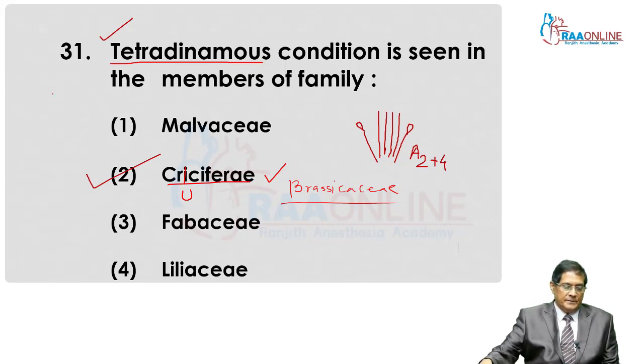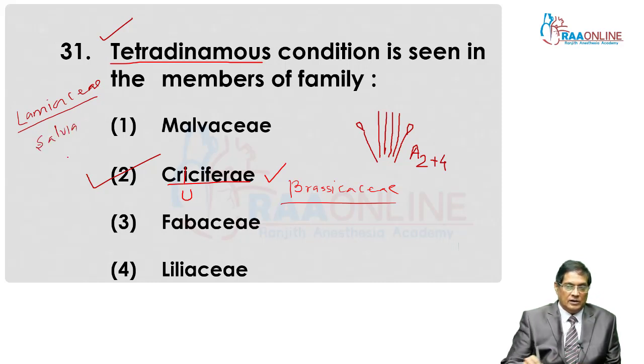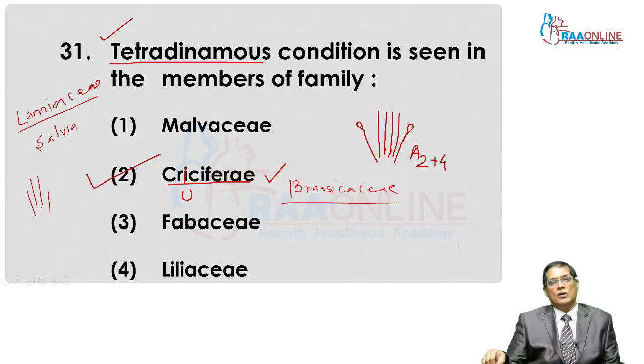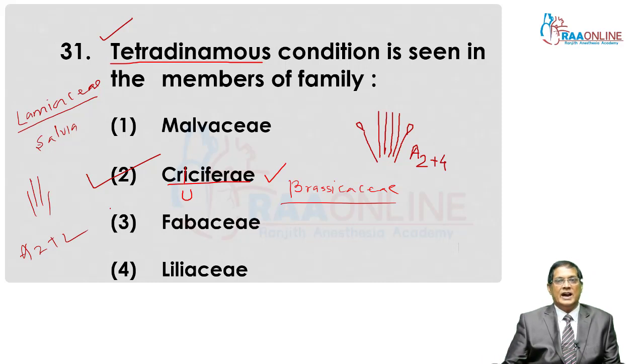One more family, Lamiaceae, and its good example is Salvia. Total stamens 4, 2 short, 2 long. Outer 2 short, 2 inner long. Such a condition is written as 2 plus 2. This is didynamous.